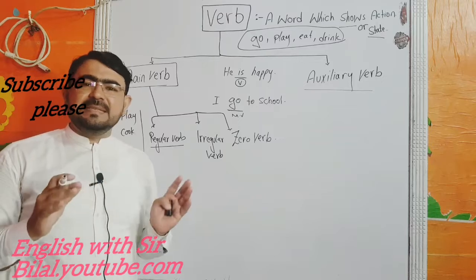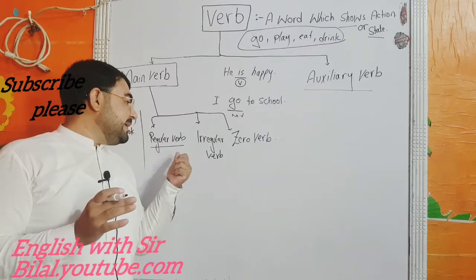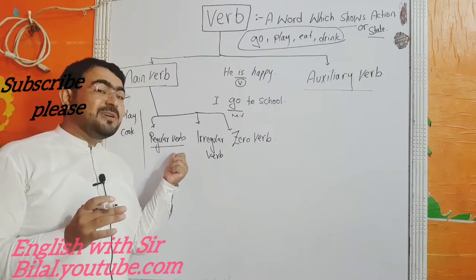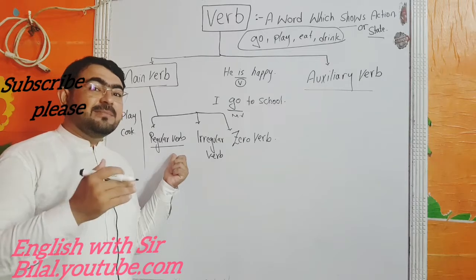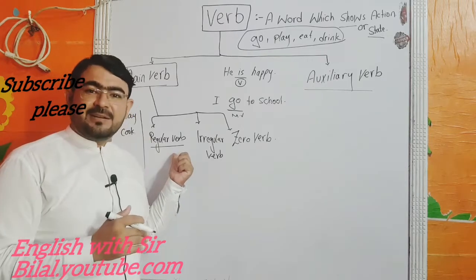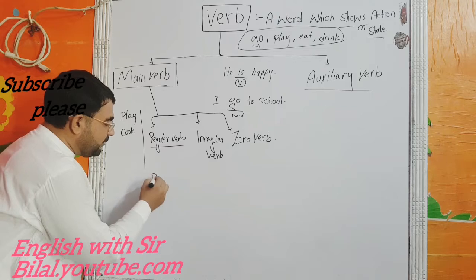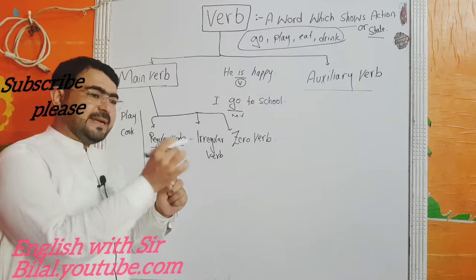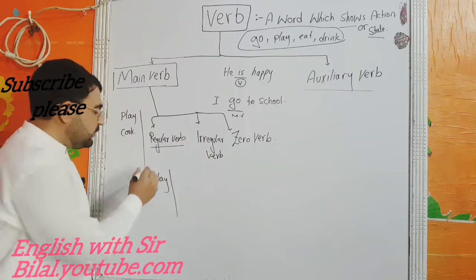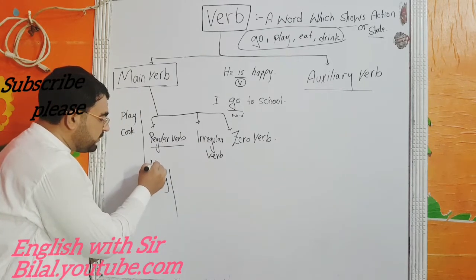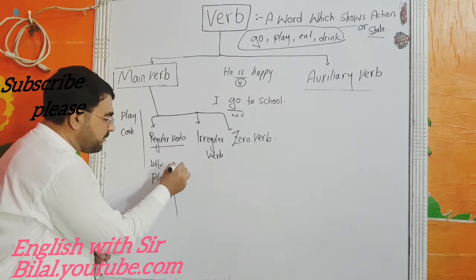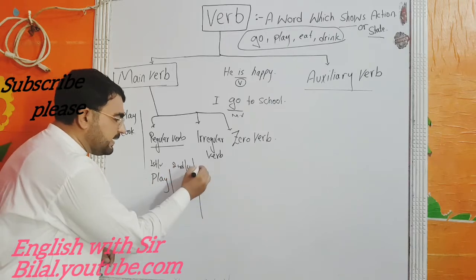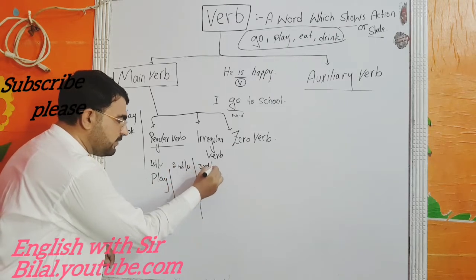It's very easy. Don't be confused here. From the name you understand that regular means regularly changes occur, like when you make second and third form, as we have first form, then second form and third form.